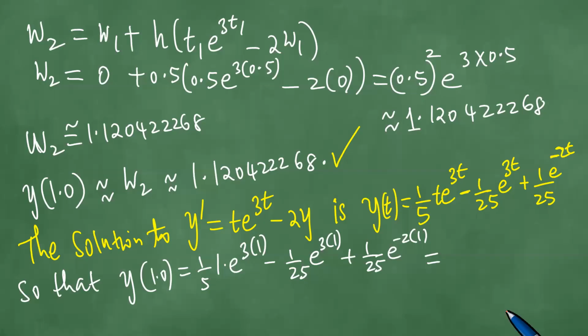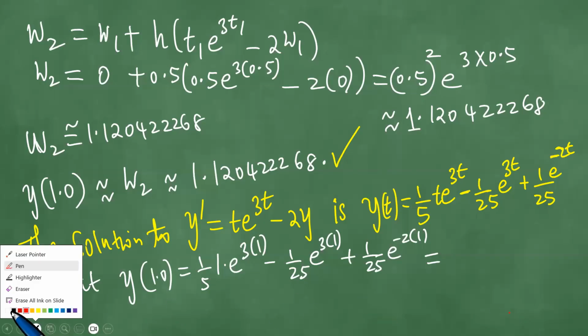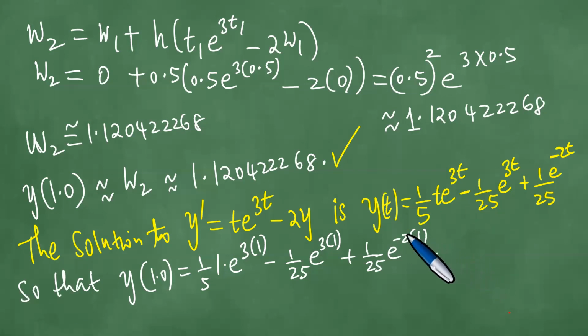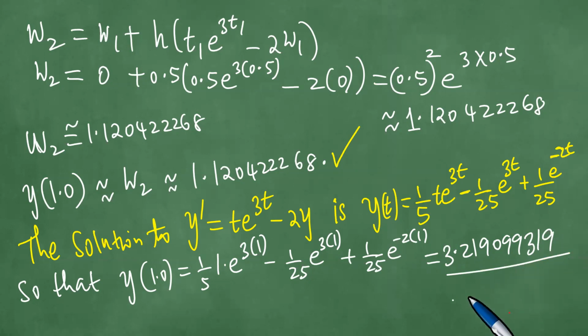When I analyze this, it's so different. So 21909319. Okay, 3.219099319. So that is what you're getting.